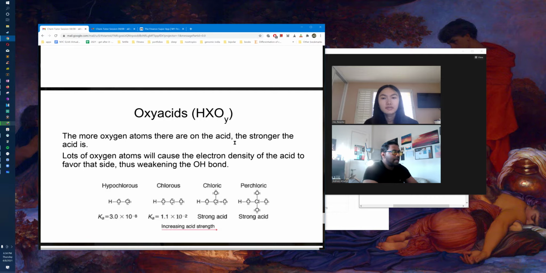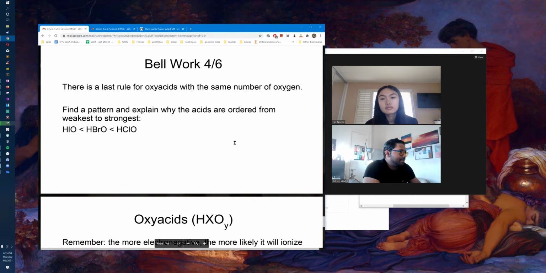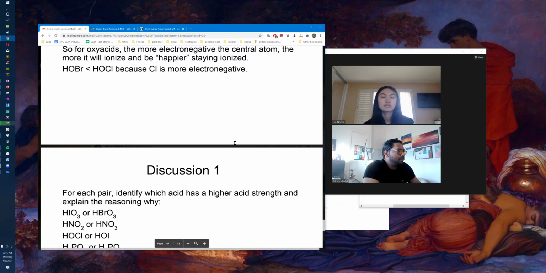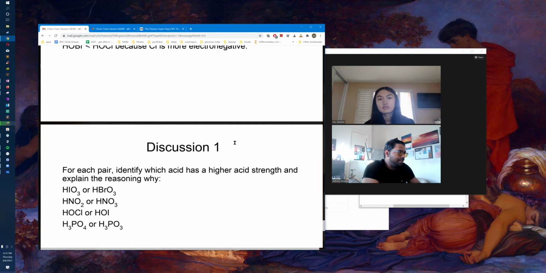Oxygen is a very electronegative atom, and they pull electron density. So when that happens, the hydrogen isn't getting satisfied, and it just wants to move on to something else and break that bond. So you can tell which acid would be a stronger acid based on what you see.